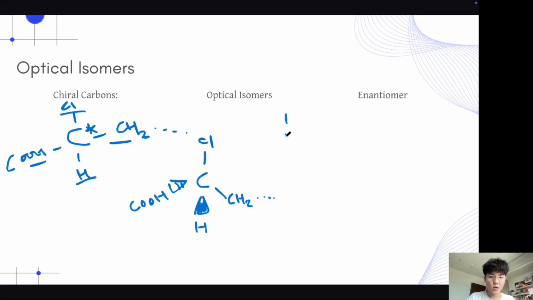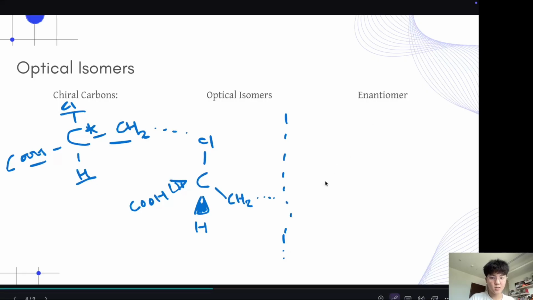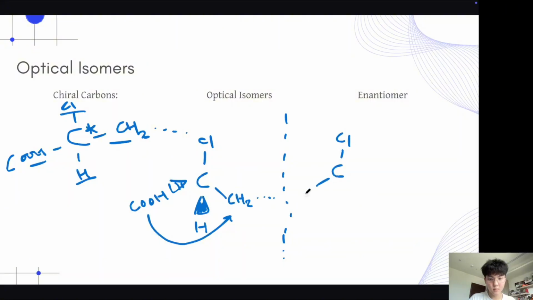And let's draw it along this mirror axis. Well, in this case, we can see that from carboxyl to the rest of the molecule, it's counterclockwise. But if we mirror it along this axis, rest of the molecule. It's important to note that you would want to draw what's first that's connected directly to the bond.